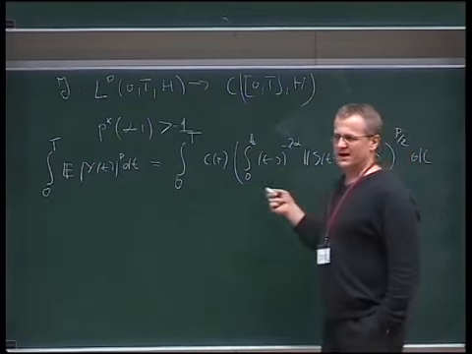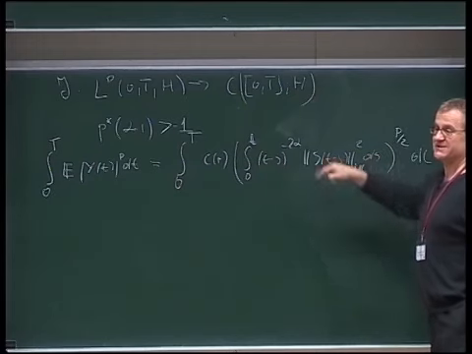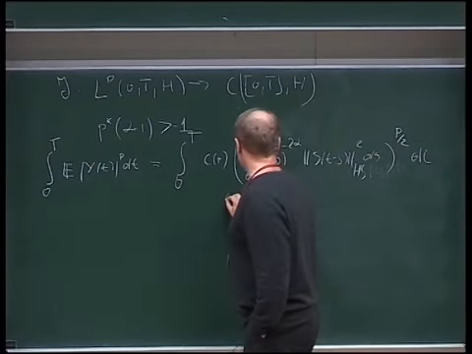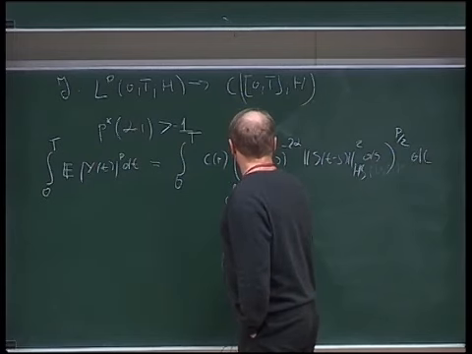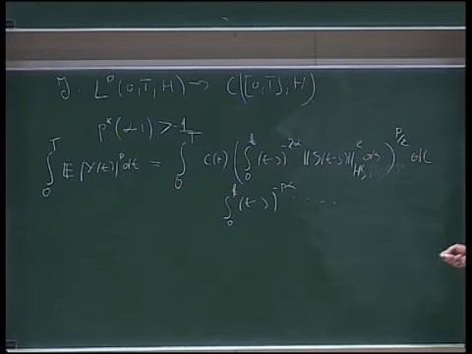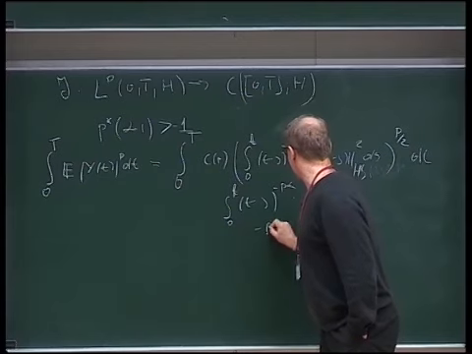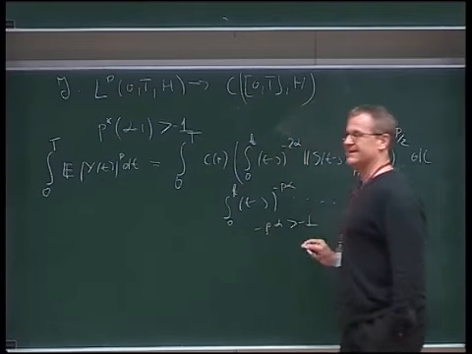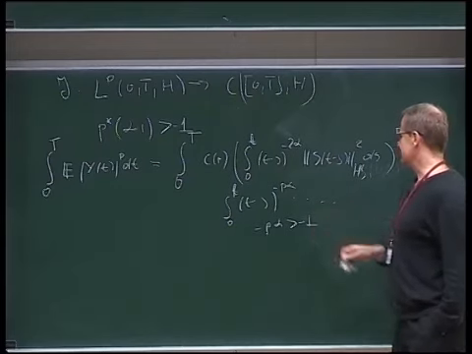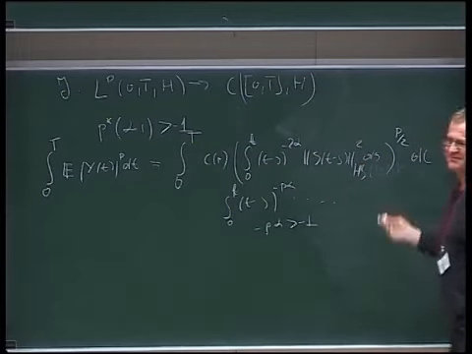But in the Lévy case, of course, we are forced to go with p inside, and we have something like the integral from 0 to t of (t minus s) to the minus p alpha times something. And of course, p alpha must be smaller than 1, so minus p alpha bigger than minus 1. Oh, sorry. Yes, that's okay. And that contradicts this. So it doesn't work.